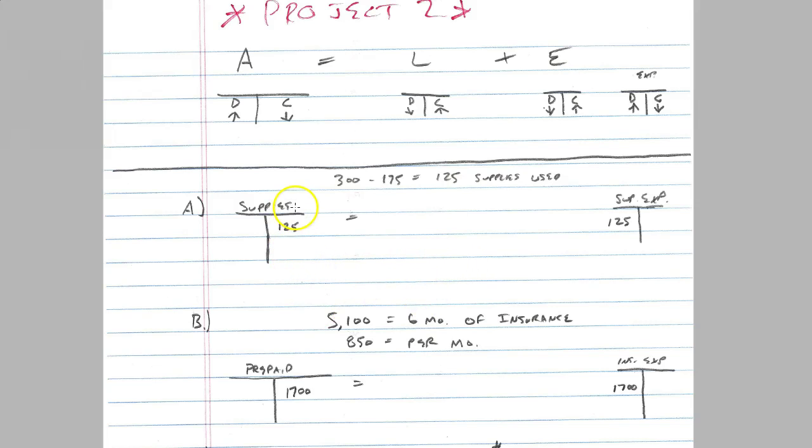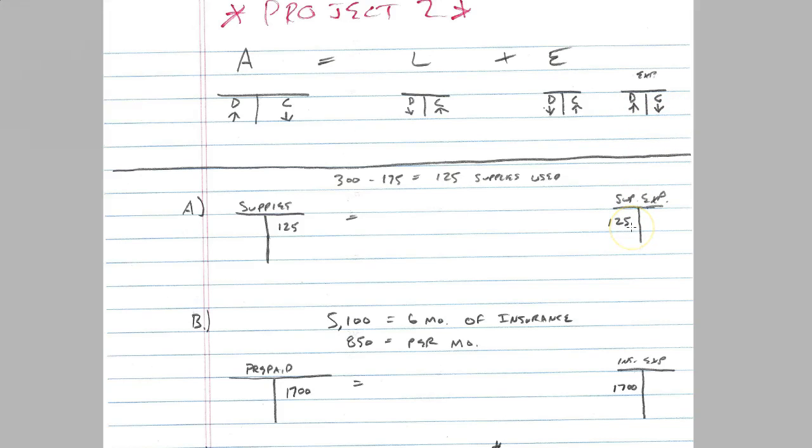Okay, so supplies is an asset. We're going to decrease that asset by 125. So I know I'm going to have a credit entry to supplies of 125, and now an expense has been incurred. I've used something. That's what an expense is, when you use something up. Remember, expenses are one of those weird accounts on the other side of the accounting equation, where debits increase expenses and credits decrease expenses.